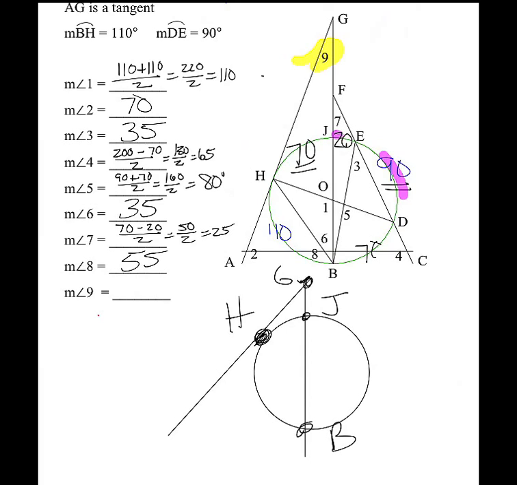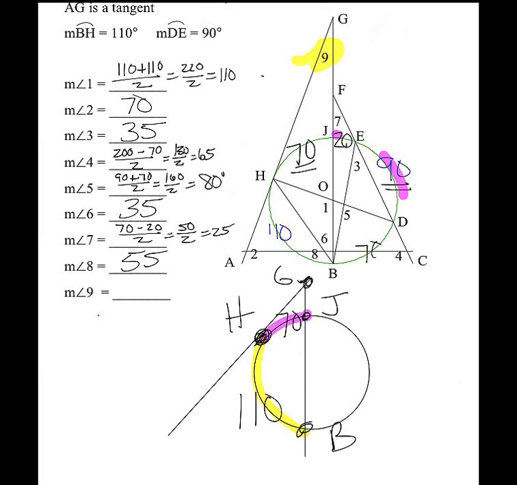And I hope what you're noticing is when you redraw these pictures, it's much easier to see what you're working with. This is an angle outside the circle, so I'm going to take the big arc HB minus the small arc of HJ divided by 2 to find that angle. So I need to know those numbers. From H to B is 110, and from H to J is 70.